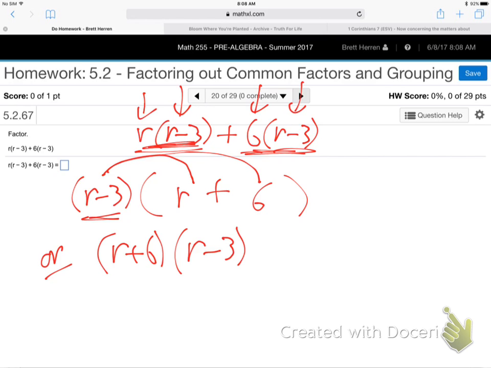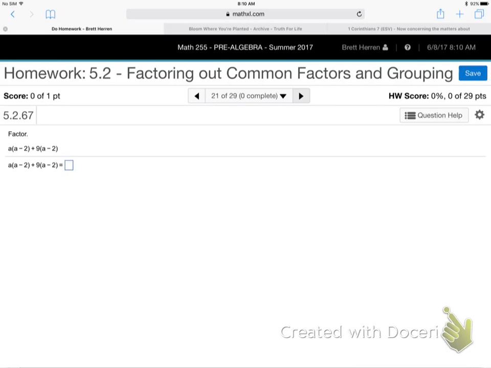It's funny, it was called number 19. I did the right answer, but it was wrong because I had them flipped. The Math Excel said wrong? Yeah. It's the exact same answer, but I had the first one. Let's try. There we go. A minus 2 plus 9.